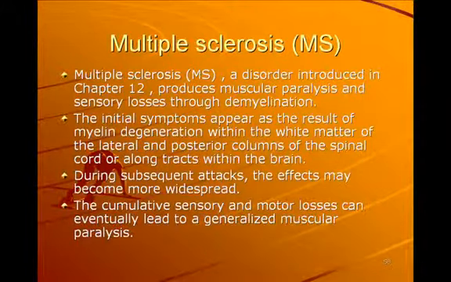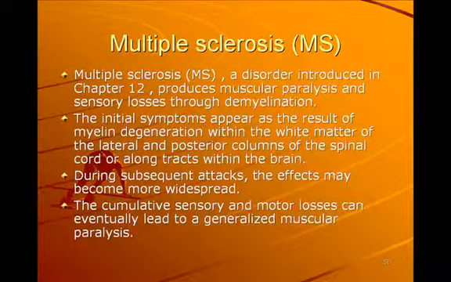Now, there are some conditions that will cause disorders involving loss of both muscular or motor movement and sensory losses. At least one of these conditions was discussed in an earlier lecture: multiple sclerosis. This disorder produces muscular paralysis and sensory loss through a process referred to as demyelination.